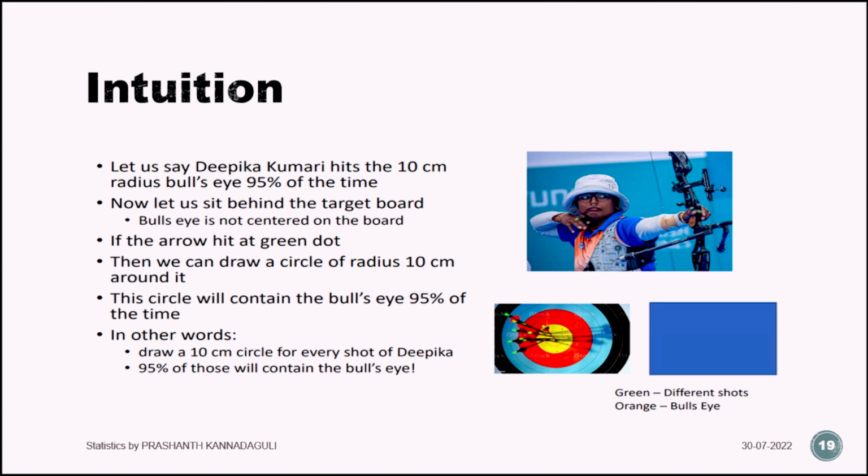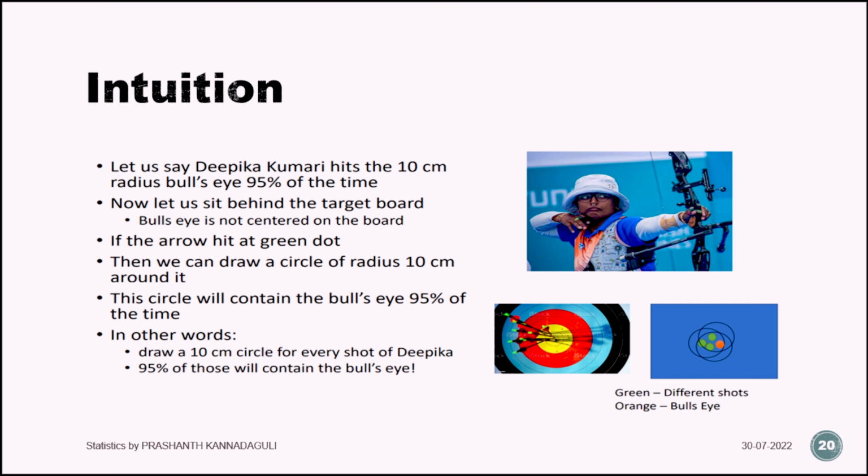All right, so we'll move ahead. Now the diagram actually I have changed, wherein you can see that the various green dots may not contain the actual point, but the orange color dot is the actual bullseye.